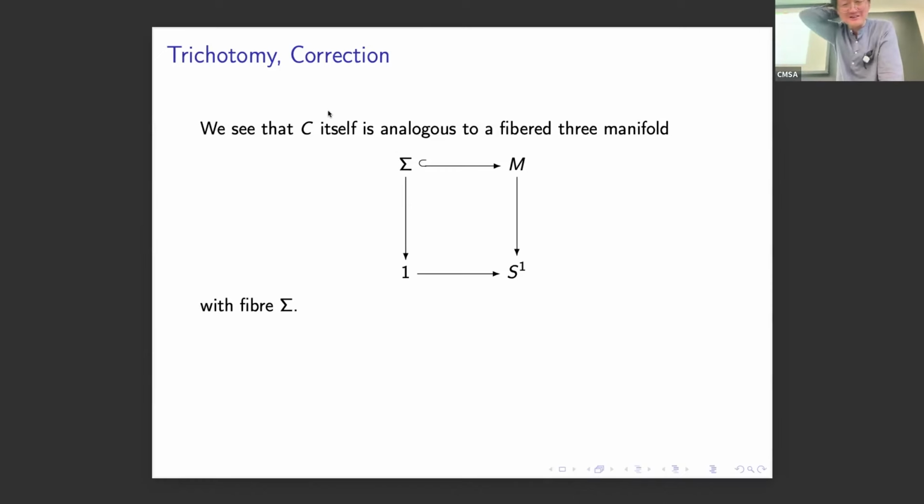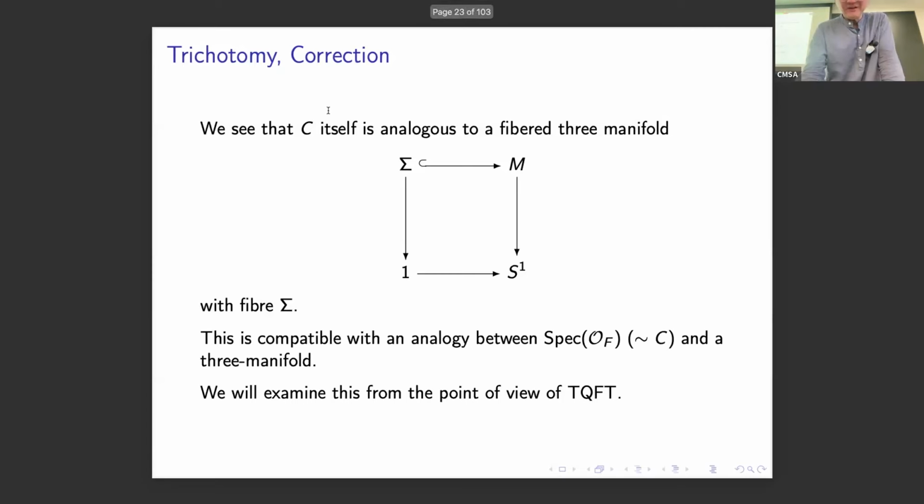It's interesting because this one is probably somewhat obvious to everybody now, but even though Weil is the originator of this idea of arithmetic homologies in some way, this difference of homological dimension was non-obvious. Somehow the fact that C itself is not quite like a Riemann surface was not yet clear at that point. And of course, this is compatible with the earlier analogy between the spectrum of the ring of integers and the curve.